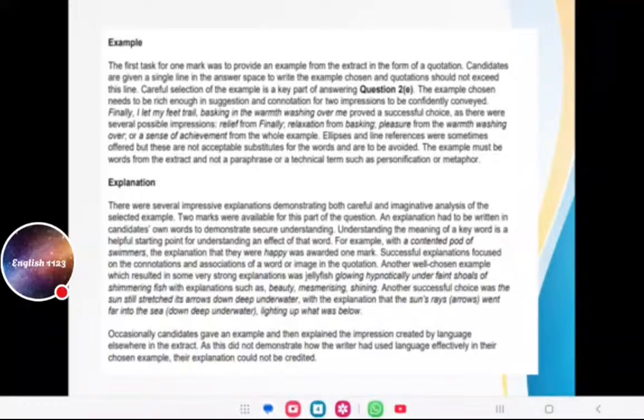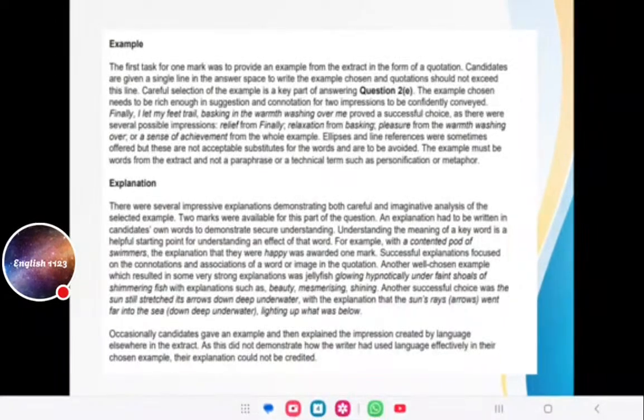Another well-chosen example which resulted in some very strong explanation was jellyfish glowing hypnotically under faint shoals of shimmering fish, with explanations such as beauty, mesmerizing, shining. Another successful choice was sun still stretched its arrows down deep underwater, with the explanation that the sun rays went far into the sea, down deep under, lighting up what was below.